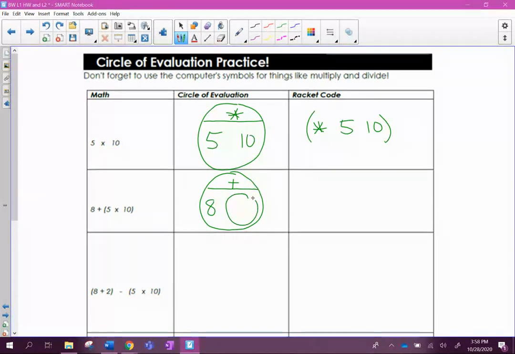That parenthesis is going to get its own circle. The operation in there is multiplication, and we're multiplying 5 and 10. So in code, this is going to be parenthesis. My overall operation is addition, and we're adding 8 plus that second circle, so that's its own set of parentheses. My operator is multiplication, 5 and 10. Then I need two closing parentheses.